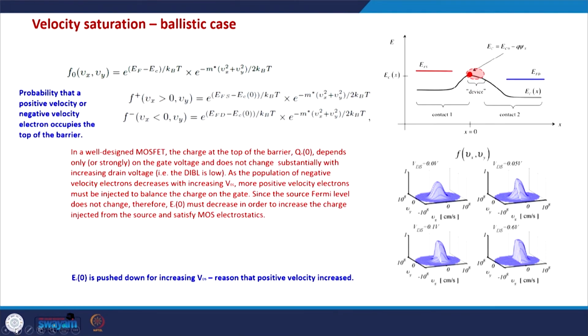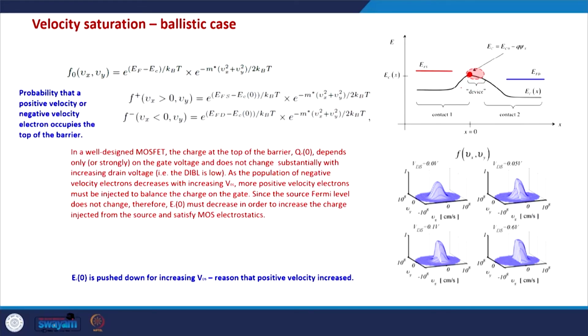What we could see, and this was one of the most important discussions in the MOSFET transport, is that the MOSFET is a barrier control device. So there is a barrier from the source to the drain in the MOSFET, and the velocity at the top of the barrier is very important, and we tried to understand the saturation of velocity in a ballistic MOSFET.